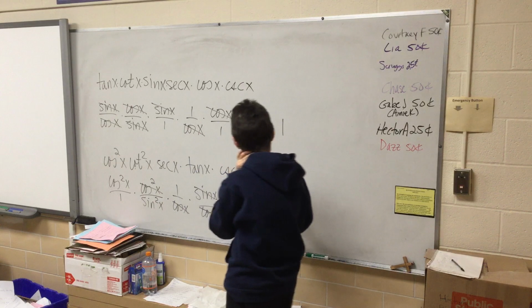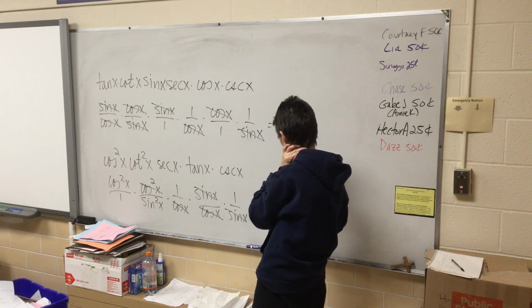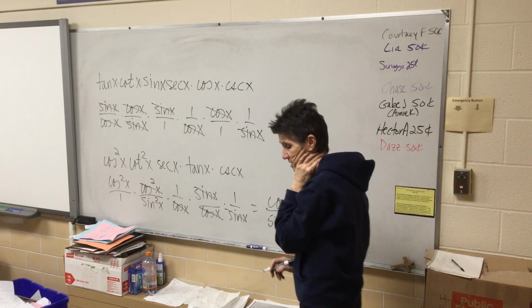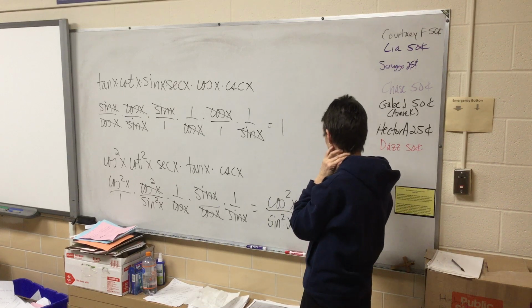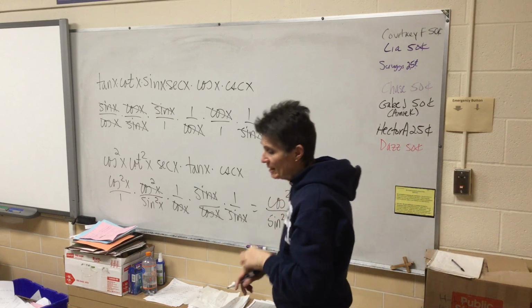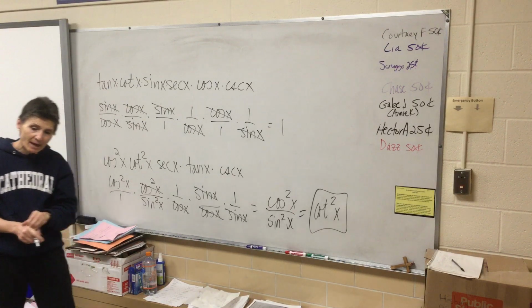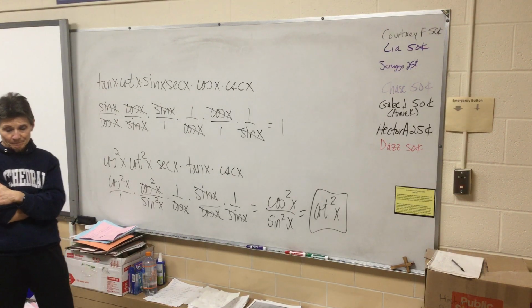Cosine squared over sine squared. Exactly. And tell me what cosine squared over sine squared is. Cotangent. Perfect. Squared. Yep. There's your simplified answer. Very, very good. Does anybody have a question about that?